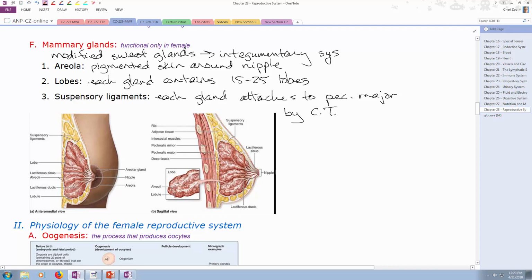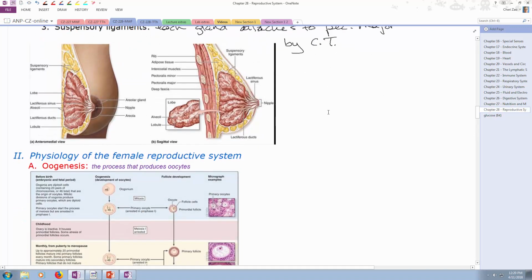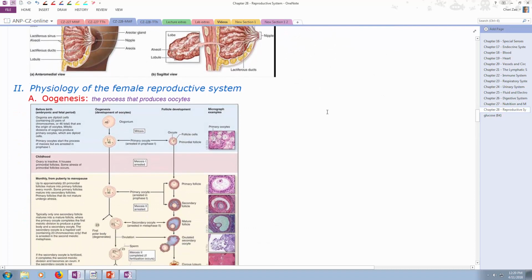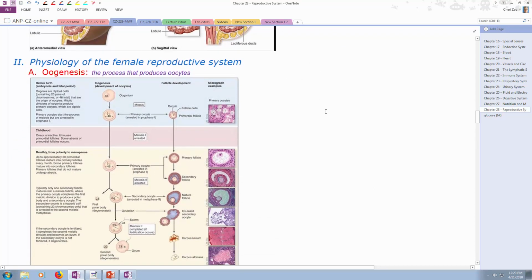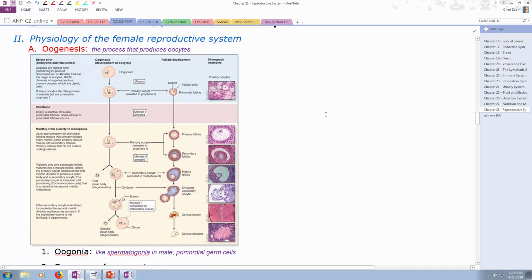And those connective tissue extensions are called suspensory ligaments. When we go into the reproduction chapter, we'll talk about how these change into functional milk-producing units.